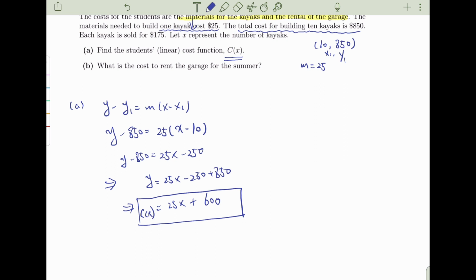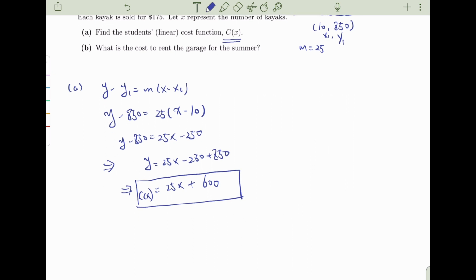Even though you're building 0 kayaks, you still need to pay that price. So that being said, we can substitute x by 0 to suppose that we are not doing anything in the summer and see how much we need to pay. That's the fixed cost.